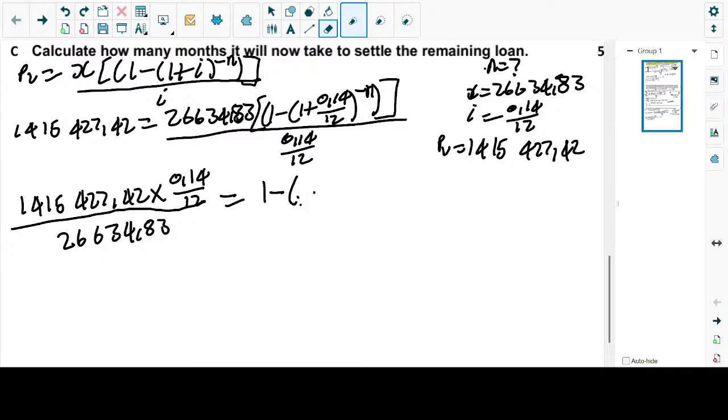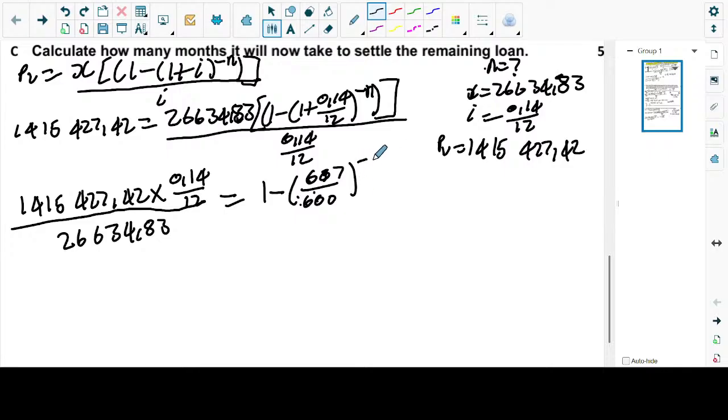Our answer, as a fraction, is 607 all over 600. Put it as a fraction in the final answer: 607 all over 600, to the power minus n.